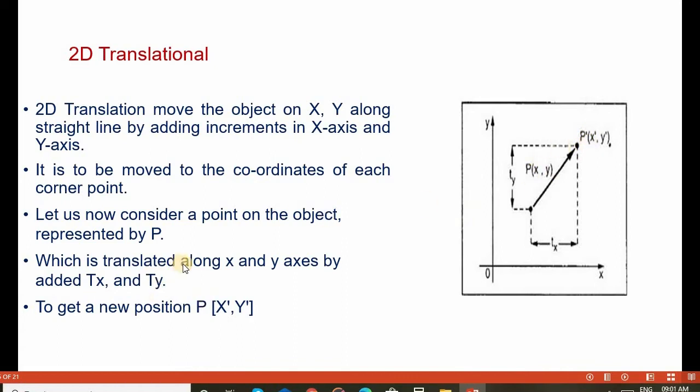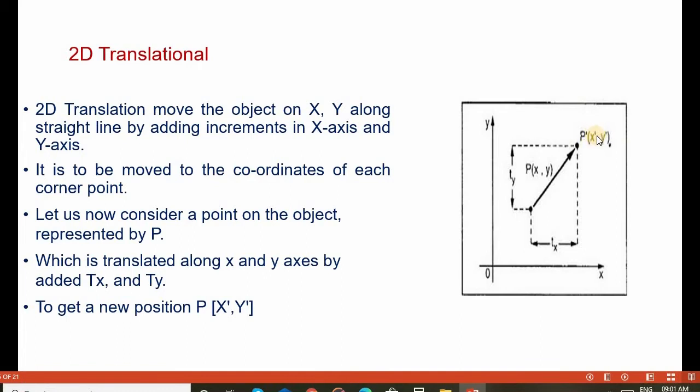The original point is translated from the point P to the point P dash. How can we translate? By adding tx and ty to the corresponding x and y coordinates. So we will get the new coordinate position, x dash, y dash.